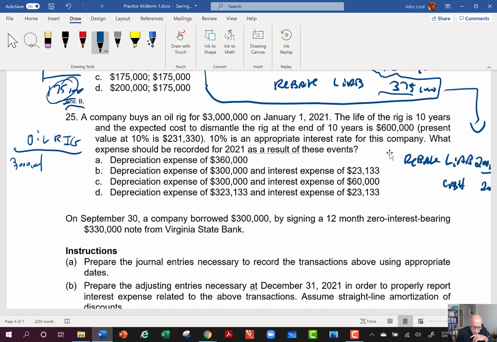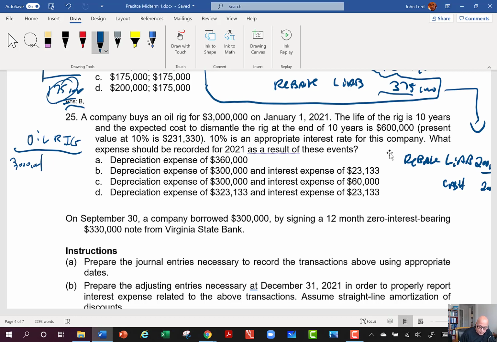Okay, then what? The life of the rig is 10 years, and the expected cost to dismantle the rig at the end of the 10 years is $600,000 with a present value of $231,330. Okay, so let's go ahead. I'm just going to write the journal entry here, guys. I don't have anywhere else to write it.